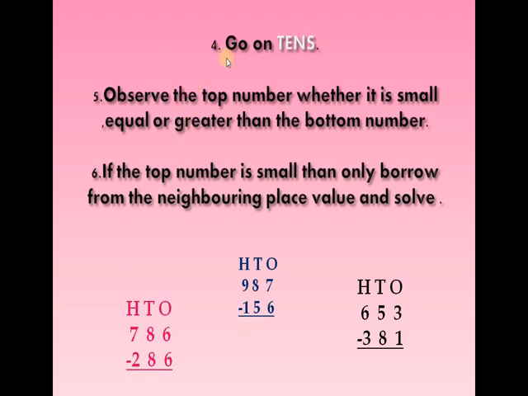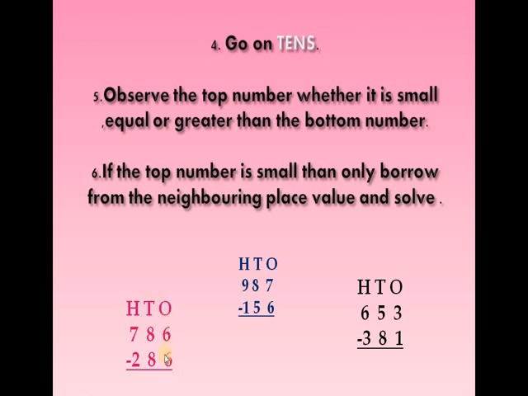After solving ones digit, ones place value, we are going to go on tens, that is the next neighboring. Same thing you have to do. After going on tens, observe the top number whether it is small, equal or greater than the bottom number.